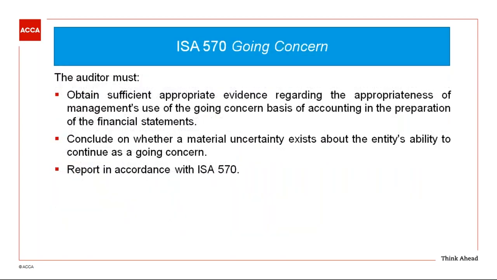ISA 570 going concern is also one of the favorite auditing standards of the examiner, and we will see a question on it. The auditor must obtain sufficient appropriate evidence that management's use of the going concern basis is correct. So he needs to confirm there is no material uncertainty, and he needs to see what impact it has on the audit report.